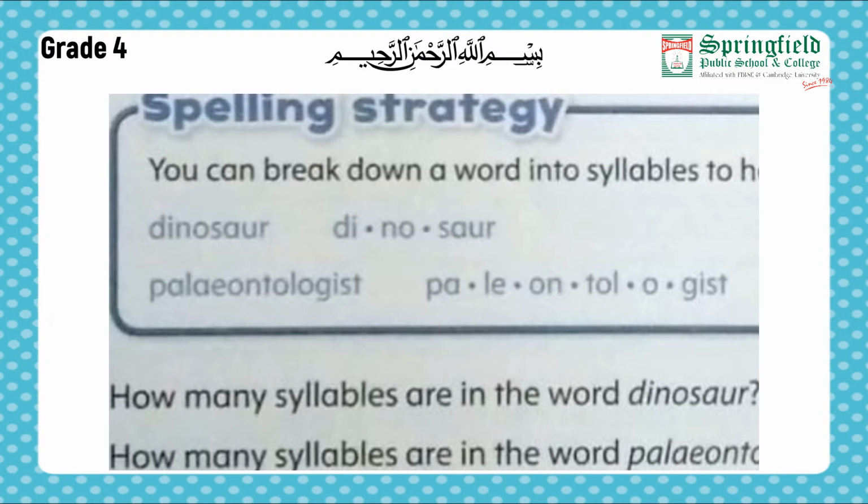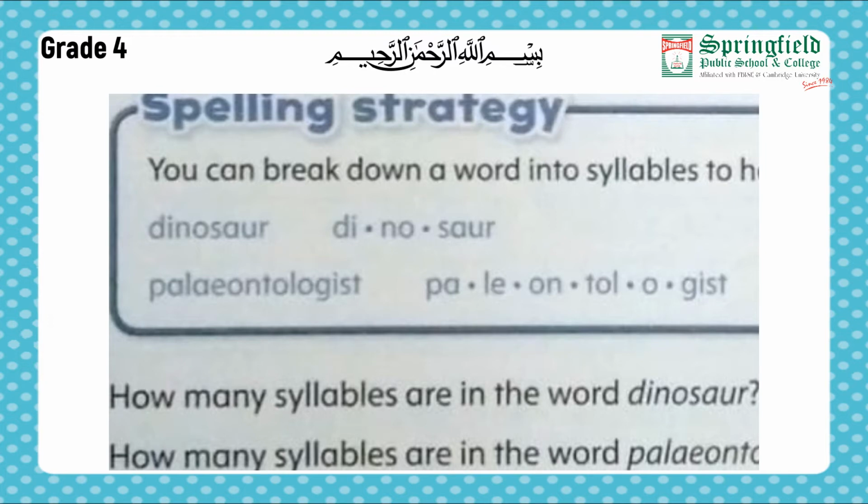Dinosaur. Now, if you see in front of it, dinosaur, this word is divided into 3 syllables. So this is what a syllable is, part of a word. Alright, so how would you break down syllables in a word?